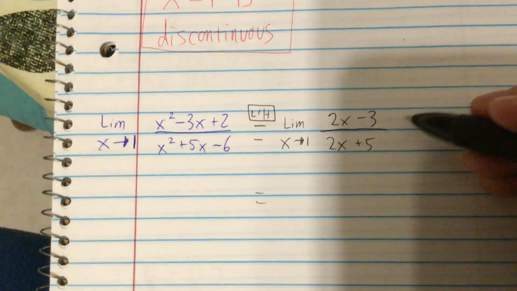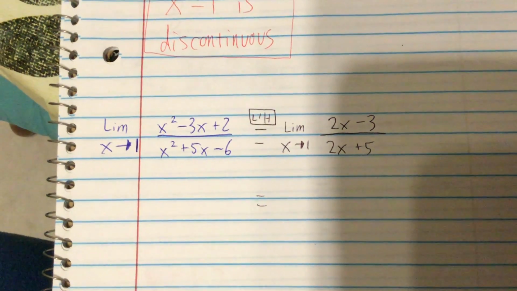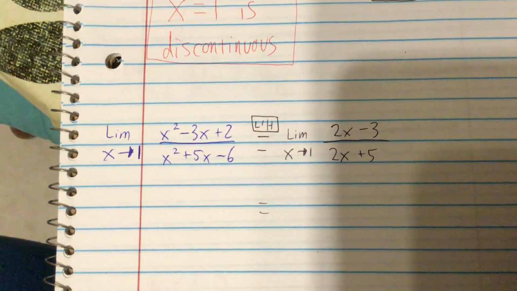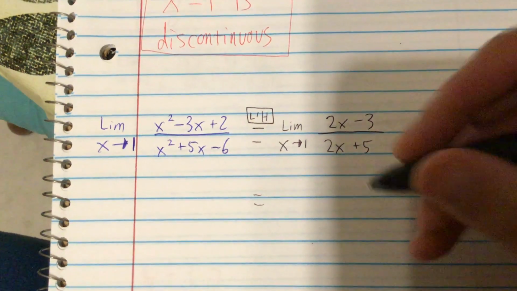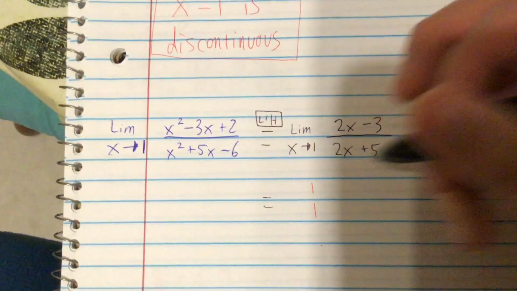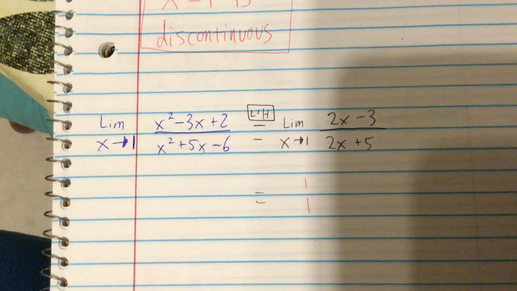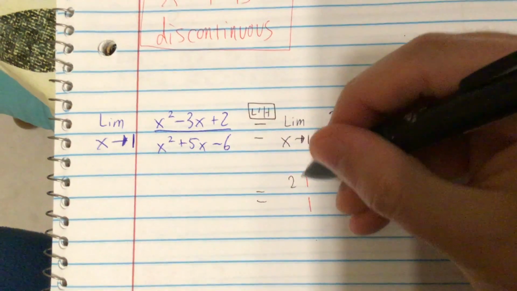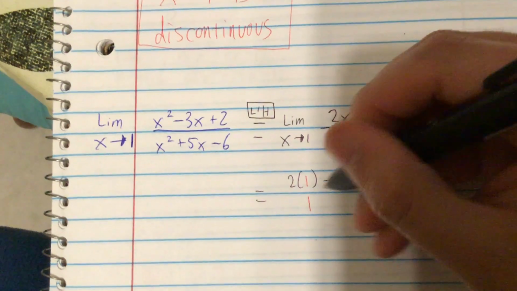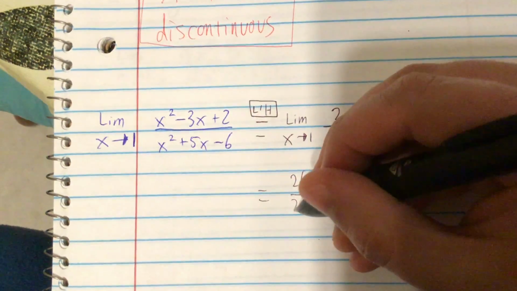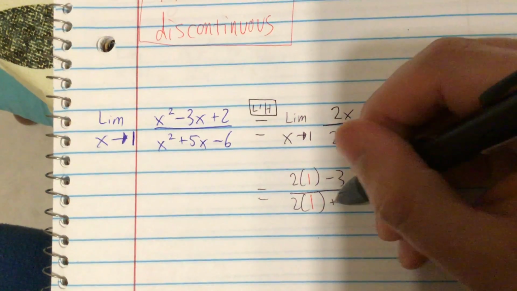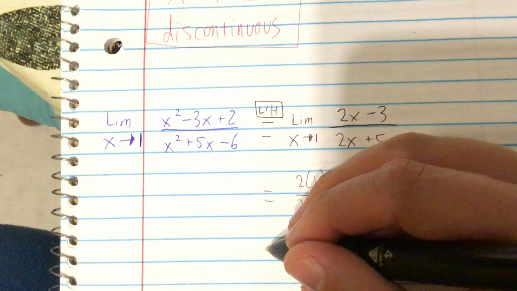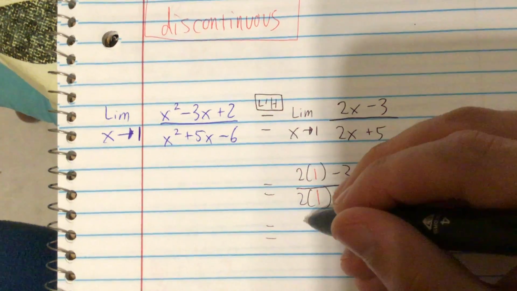Now, is it legal for me to plug in x equals 1? Yeah. So I'm going to plug in x equals 1, specifically 2 times 1 minus 3 over 2 times 1 plus 5. Well, 2 times 1 is 2.